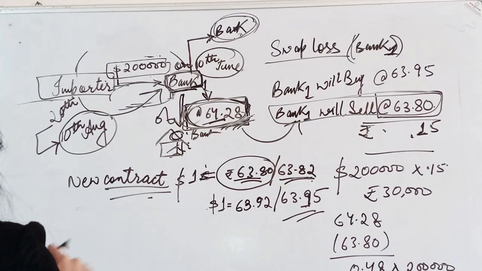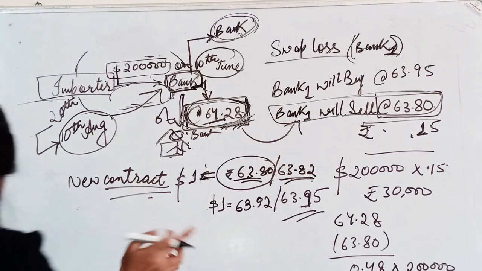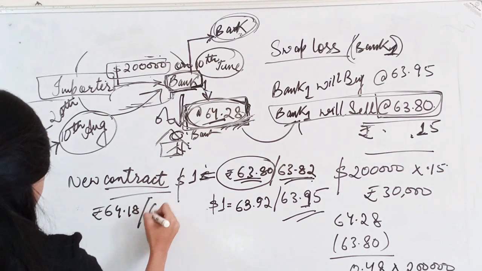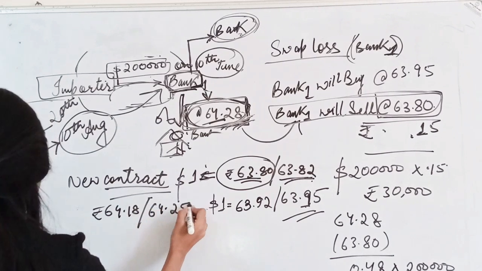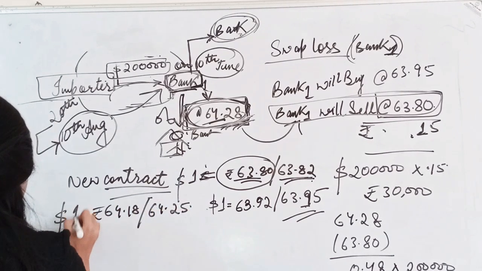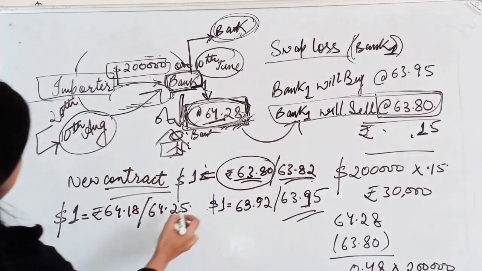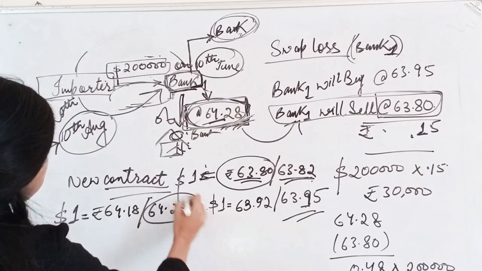The rate of August is, you can see in your book, 64.18, 64.25. So the bank is going to contract for selling now, so the ask rate will be used here.